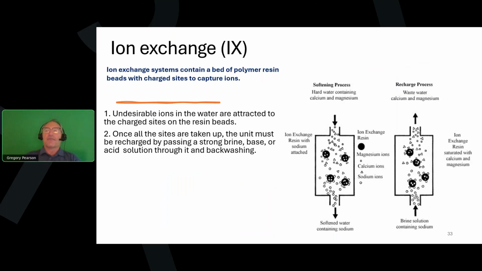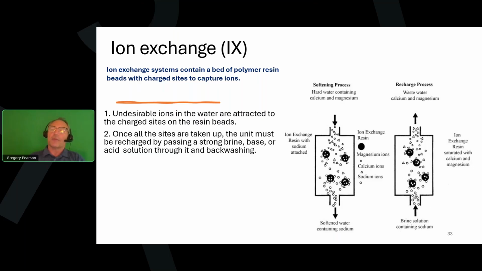Ion exchange is a different kind of process. In this, we have a bed of special polymers, and it's designed for certain types of ions that you want to remove. So you have sites in the ion exchange bed that are electrically charged that coincide with the type of particle you want to remove.